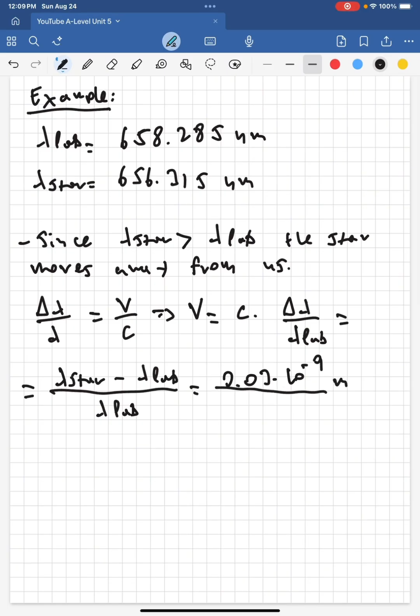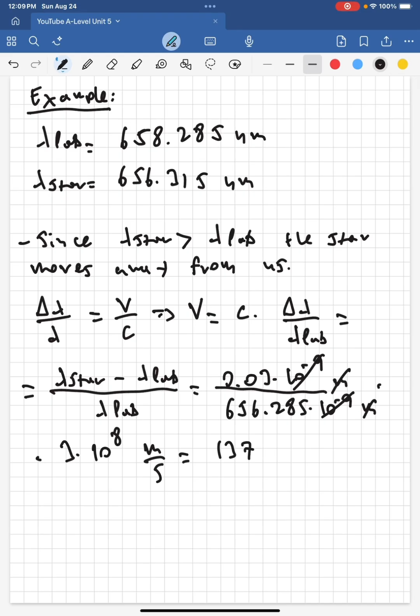The lambda in the lab is 656.285 times 10 to the negative 9 meters. So meters cancel, 10 to the minus 9 cancels, and then times the speed of light, 3 times 10 to the 8 meters per second. This gives us 13,716.6 meters per second.